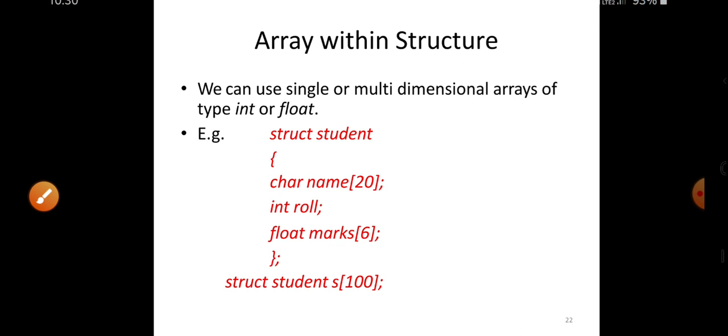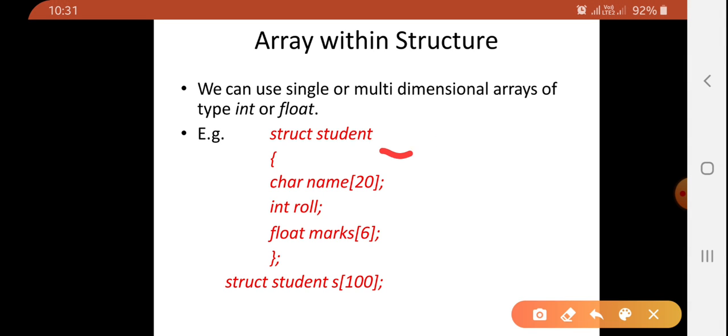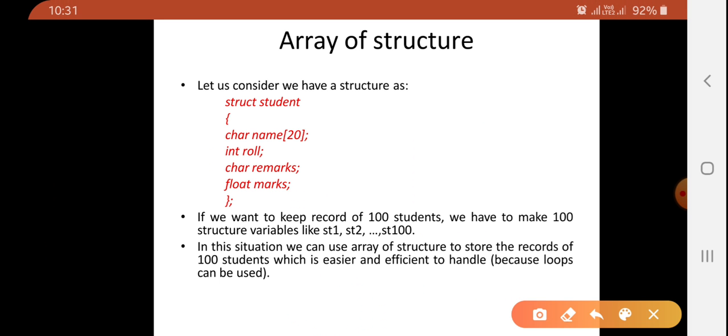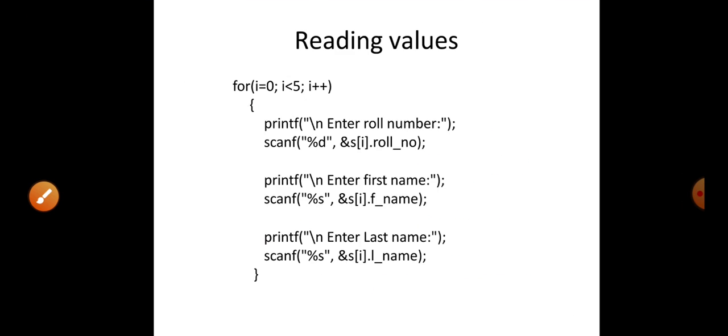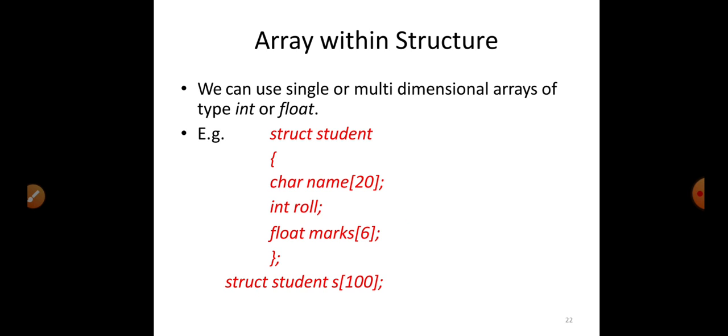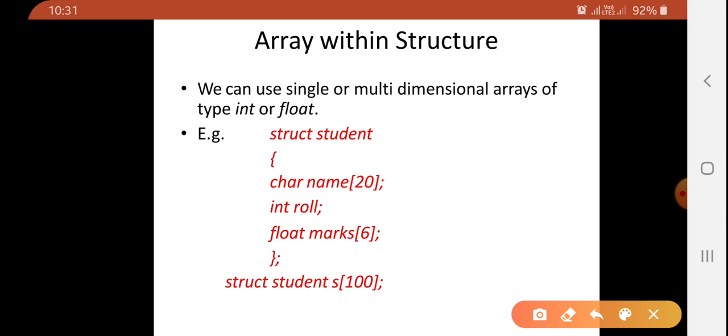Now we are going to learn array within a structure. We have a student structure and we have created 100 objects. In the last structure we discussed marks, but we can store the marks of only one subject because it is not an array. In order to store the marks of 5 or 6 subjects, we have to create an array.